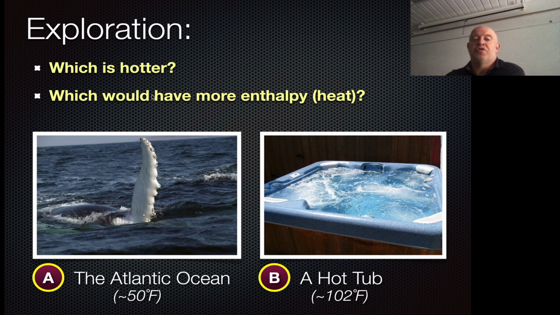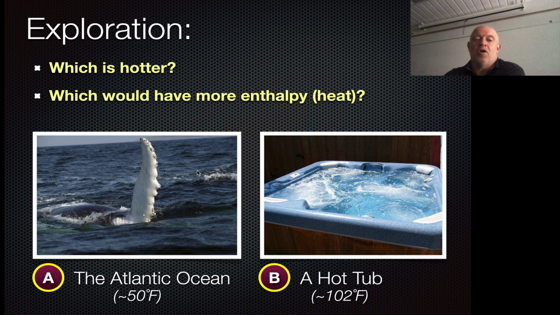But if I ask you which one has more enthalpy, that's our fancy word for heat, your answer correctly would be the Atlantic Ocean. Yes, it is colder. Yes, if we touch it, it feels cool to the touch, whereas a hot tub feels warm. But again, we have to remove our own senses from this scenario. If you think about it, what is the energy content of the entire Atlantic Ocean?